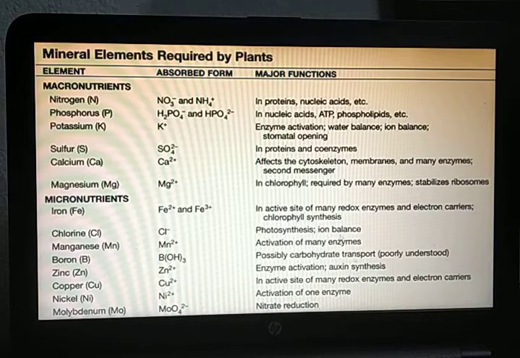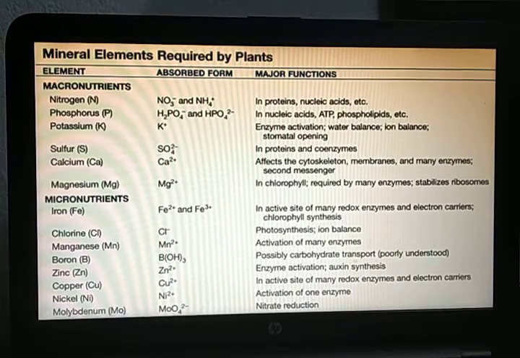Chlorine is for photosynthesis and ion balance. Manganese, activation of many enzymes. Boron, possibly carbohydrate transport. Zinc, enzyme activation, auxin synthesis. Copper, in the active site of many redox enzymes and electron carriers. Nickel is for the activation of one enzyme, and molybdenum, nitrate reduction.